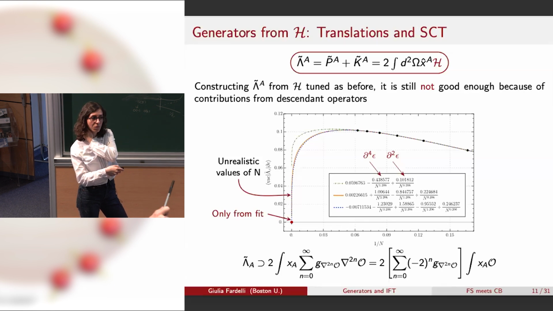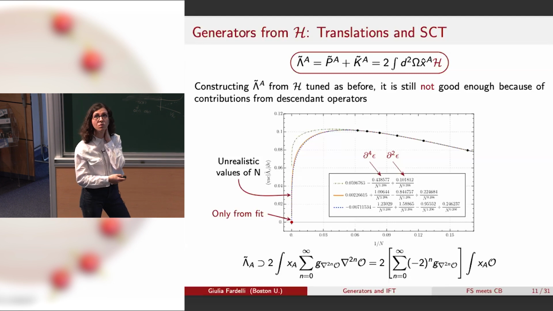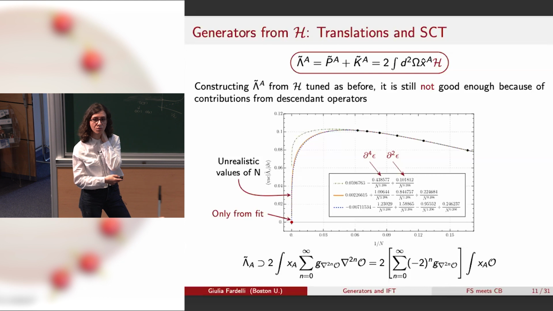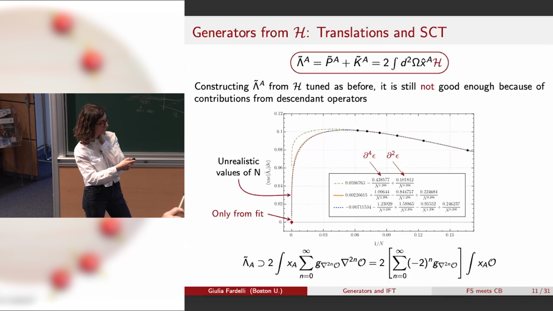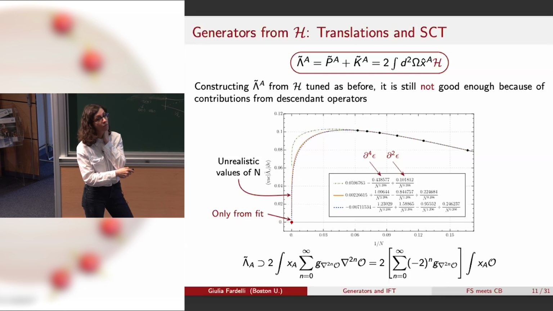So the Hamiltonian density has a bunch of descendants that contribute to P and K. They don't contribute to the Hamiltonian because they're total derivatives there. But they do contribute here because you have that x hat inside the measure. So now you get additional contributions to P and K, which have exactly the same form as the primaries. So they act like modifications of the coefficients. Does that answer your question?